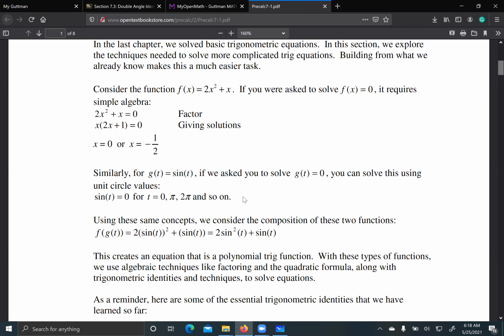Now put these two together: the equation from algebra and also the trig equation that you learned. Suppose you have a composition of these two functions, the function sine and that linear function, and when you compose them you get this function 2 sine squared plus sine.